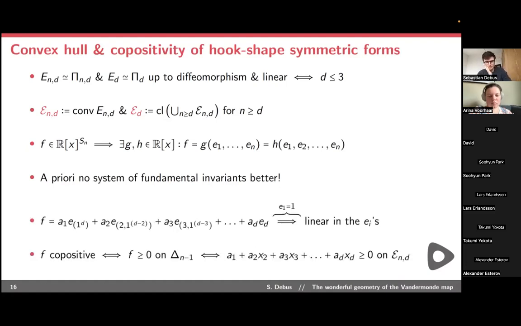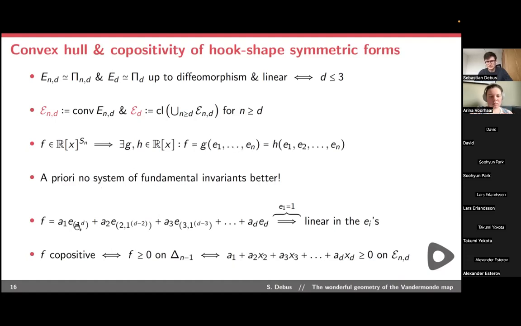Now we talk about non-negativity or copositivity of such symmetric polynomials, very special polynomials, namely hook-shaped symmetric forms. So what does it mean? A symmetric form means we have a symmetric polynomial which is homogeneous of some degree D. Then we can write it as a polynomial in the elementary symmetrics.